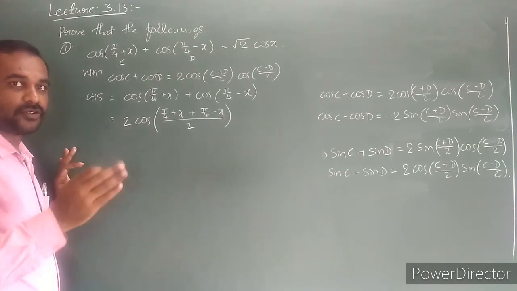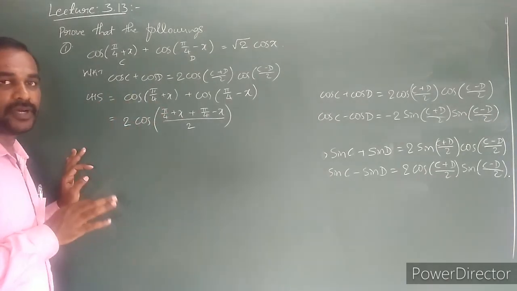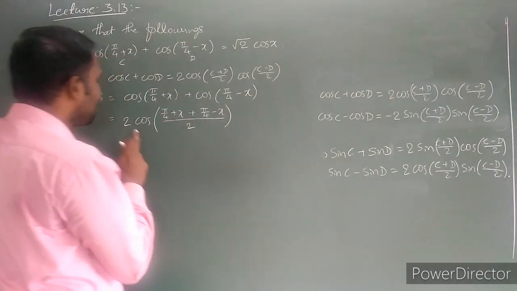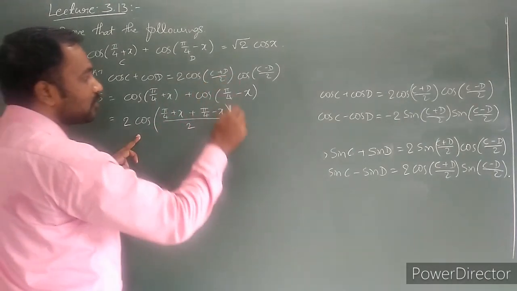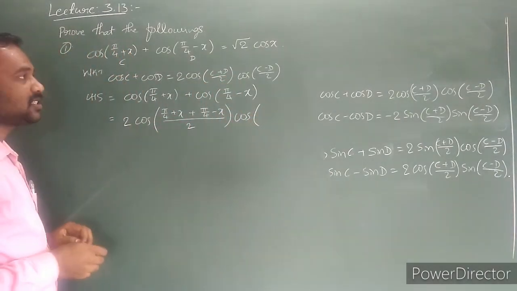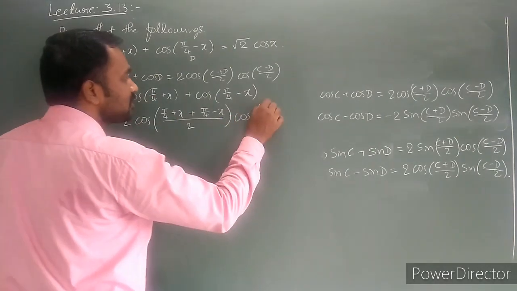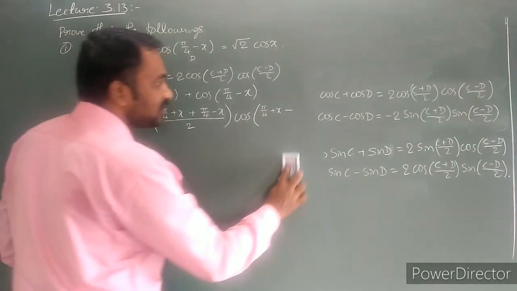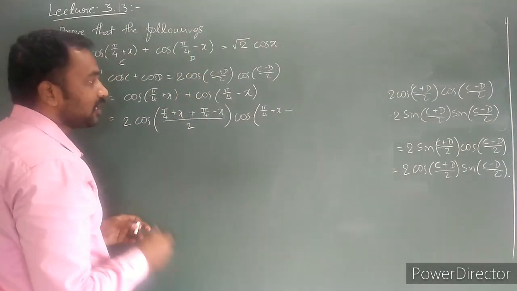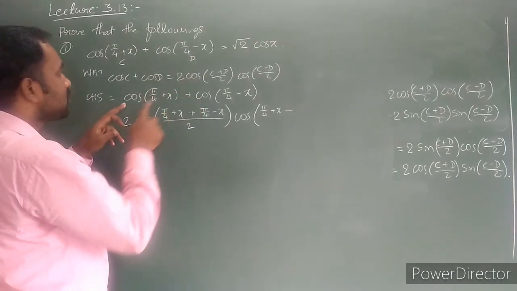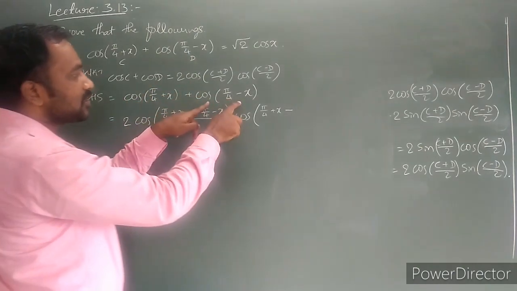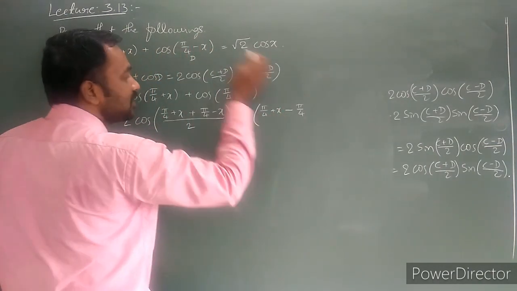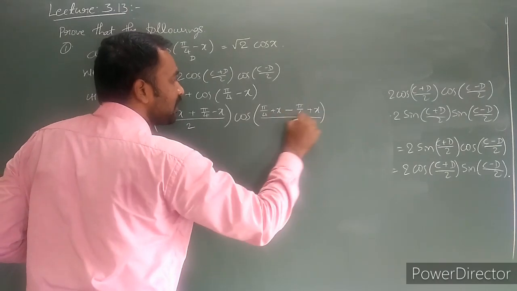In trigonometry, you must first understand how to compare the given problem with the well-known formulas. Next, 2 cos of (C plus D) by 2 is over. Next, cos of (C minus D) by 2. C value is pi by 4 plus x, minus D, the D value being pi by 4 minus x, divided by 2.